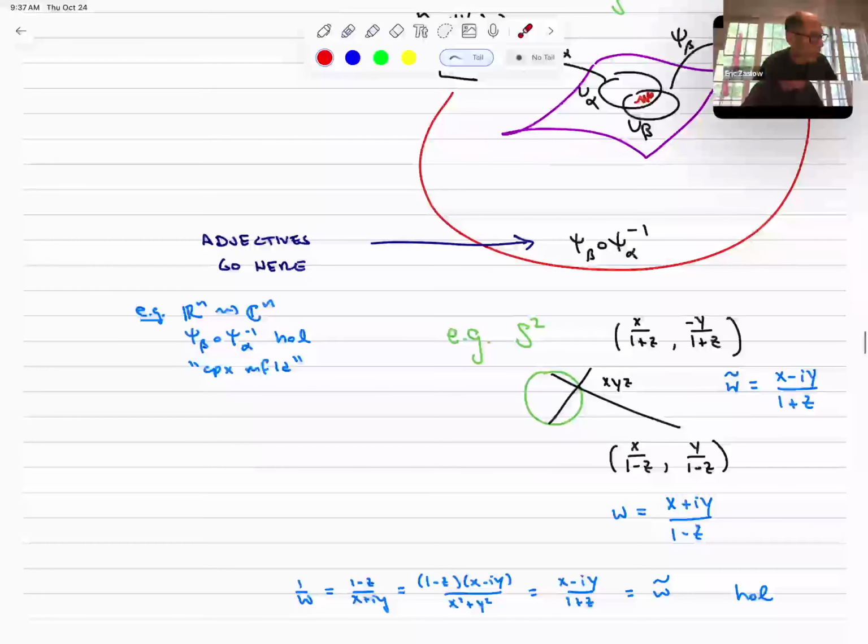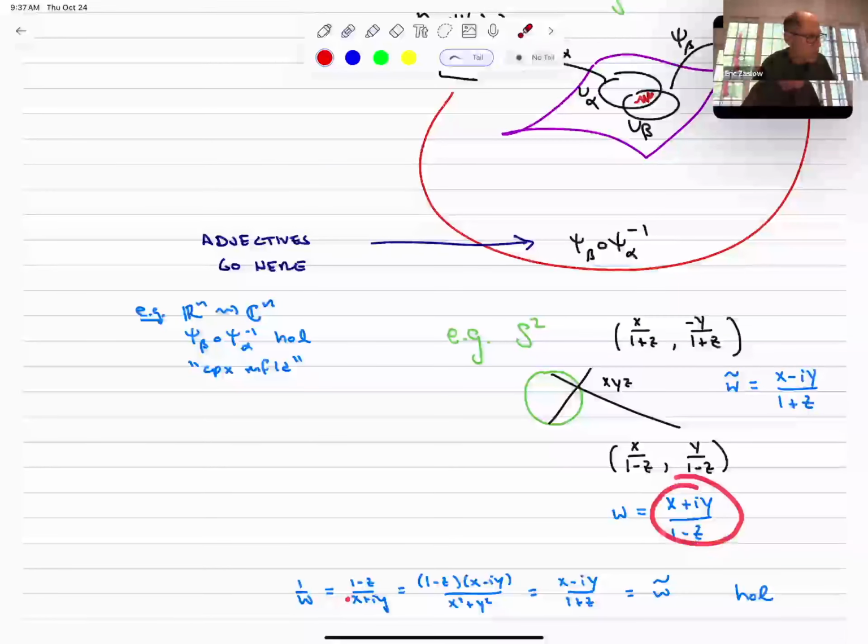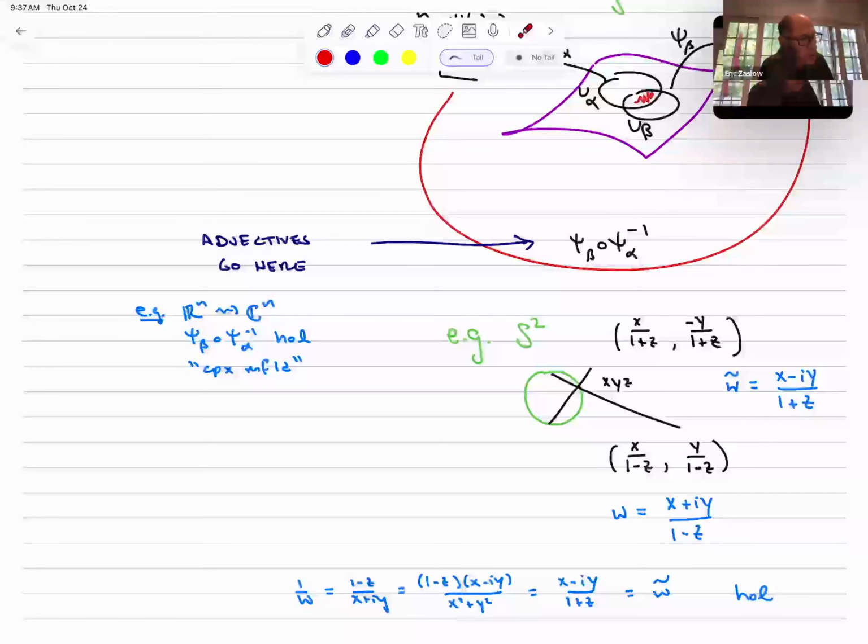Now let's do a calculation. 1 over w is the reciprocal of this. I remove the i from the denominator in the standard way. x squared plus y squared, because x squared plus y squared plus z squared equals 1, means x squared plus y squared is 1 minus z squared, and I can absorb this factor, factoring 1 minus z squared.